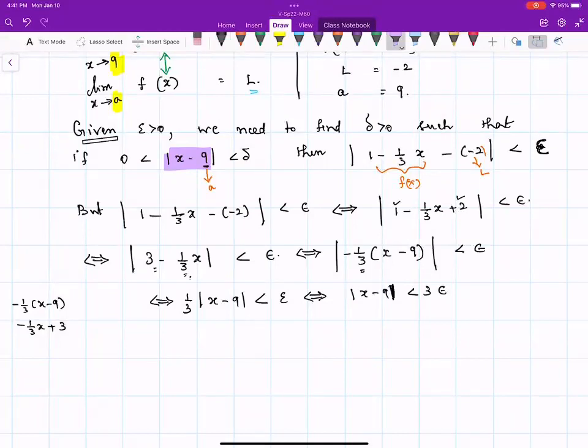So the goal is to get absolute x minus 9 less than delta. What is that delta? Now we are getting absolute x minus 9 less than 3 epsilon. So if you choose delta to be 3 epsilon or smaller than 3 epsilon, either way, so this is equal to 3 epsilon.